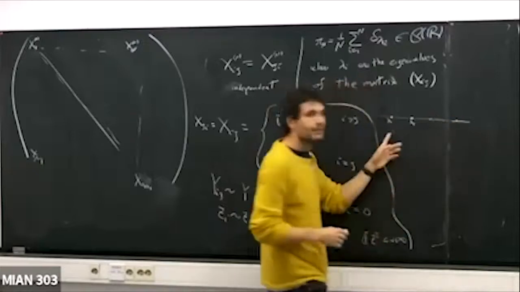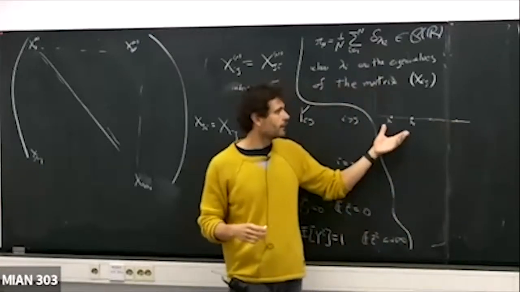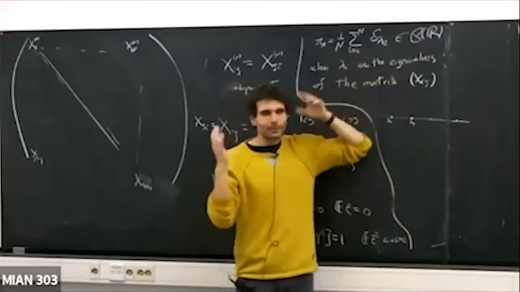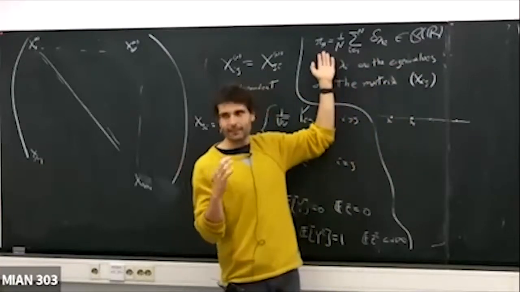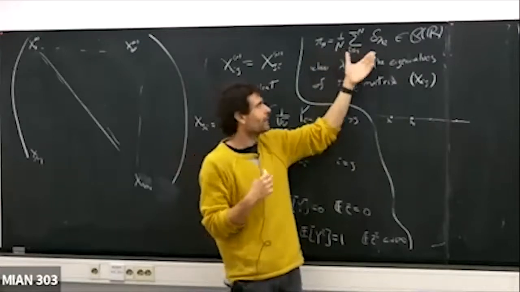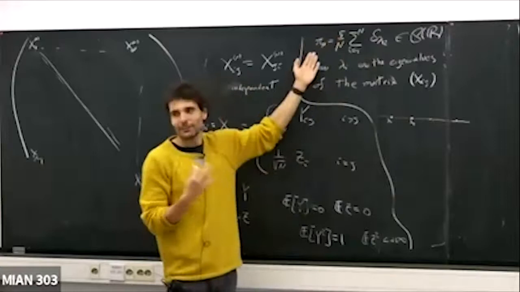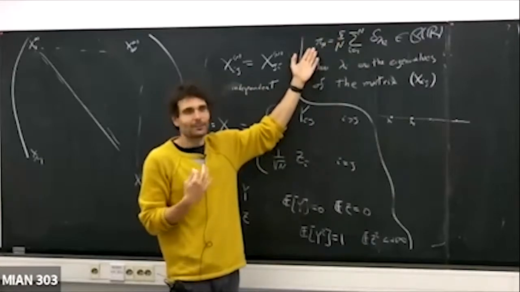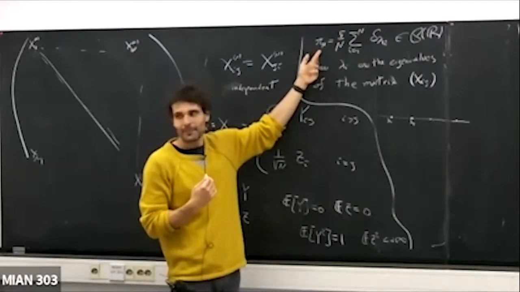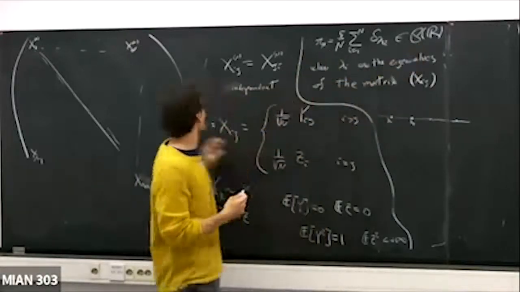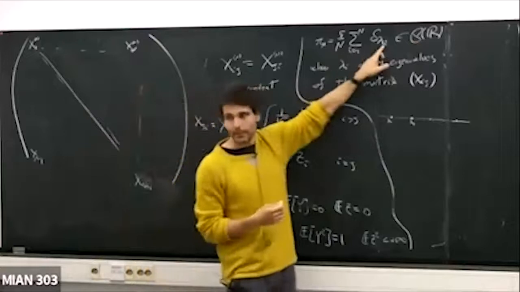Okay, but they are random. So this is a probability, but you shouldn't think of it as a probability. You should think that this is the object we look at. I could have looked at 5 times over n, and I would get a measure of mass 5. It's not important. So the randomness is not in this probability, it's in the law of the xi, and so it's in the law of the lambda i.